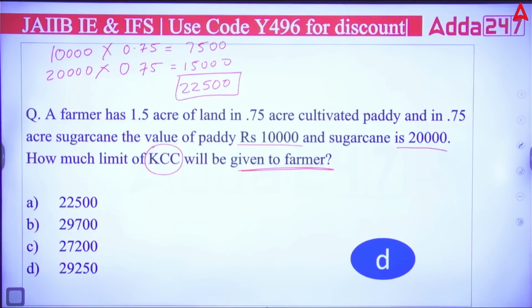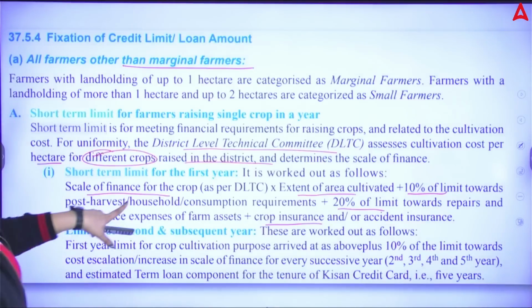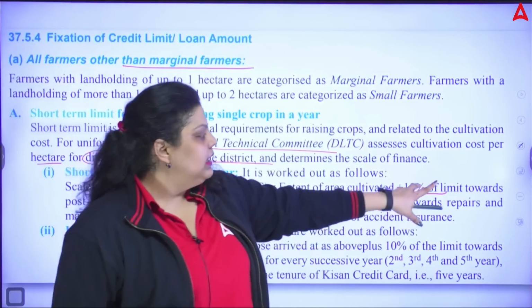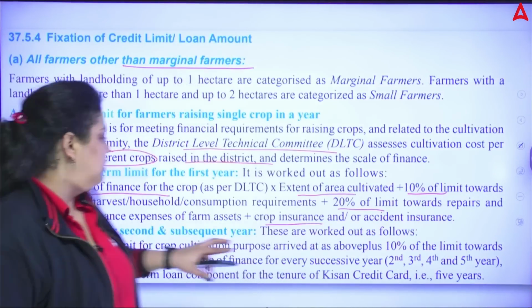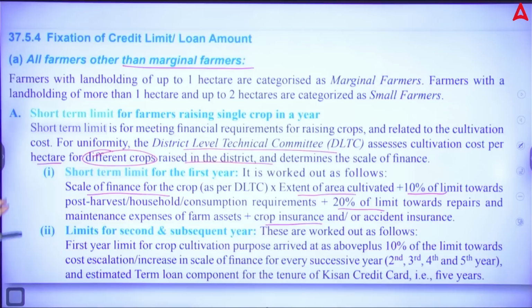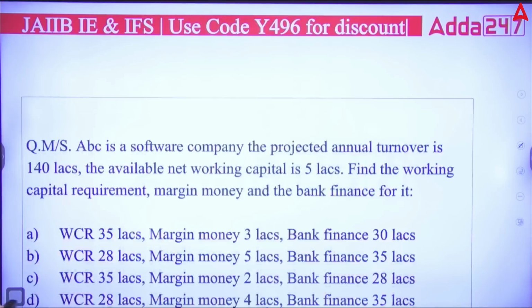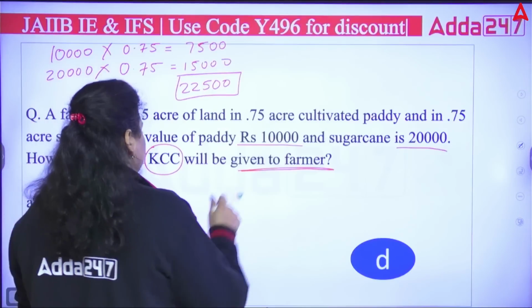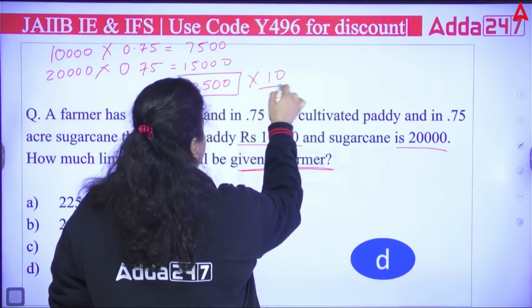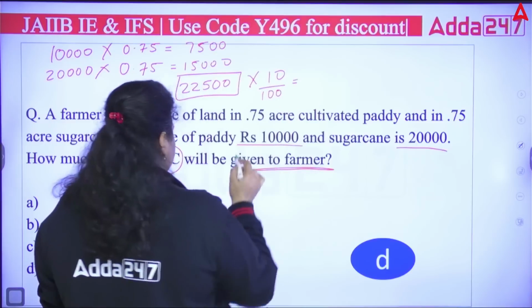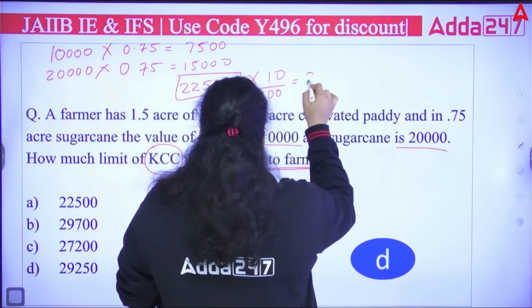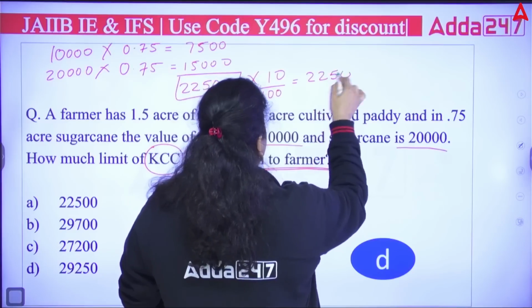Now, when you have calculated this value, you have to calculate 10% of limit towards your post-harvest household consumption requirement, then 20%. First, we calculate 10% of this value, which will be 2,250.